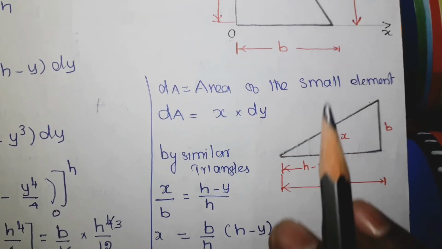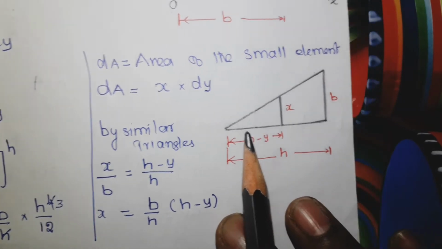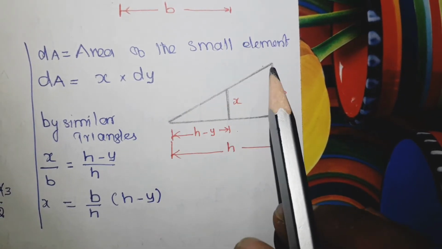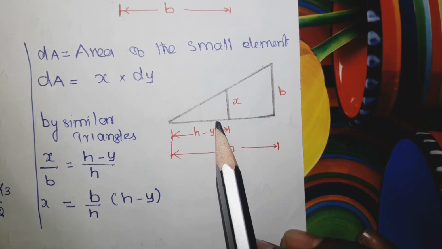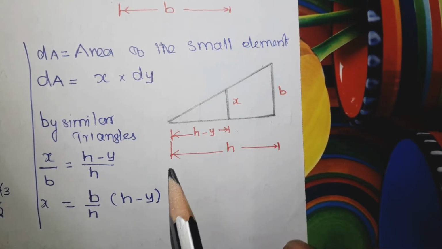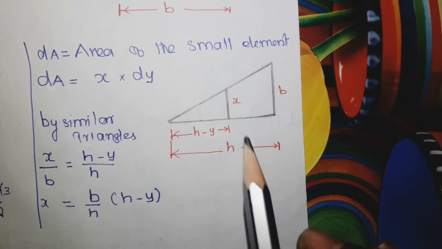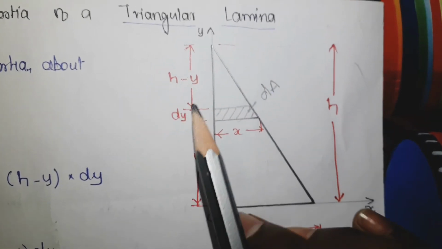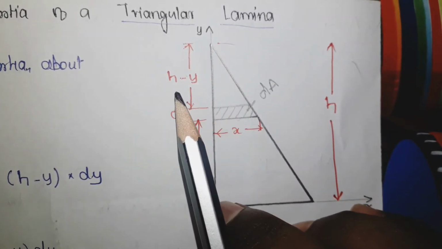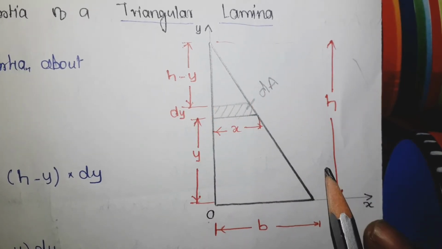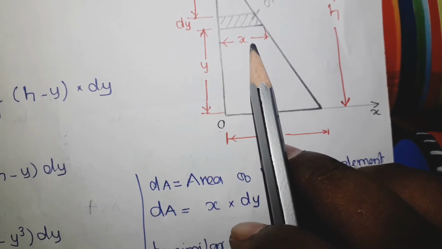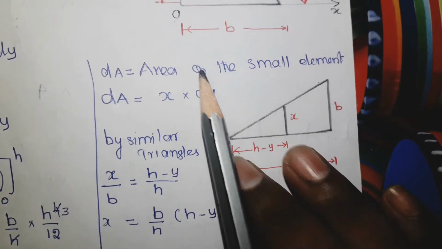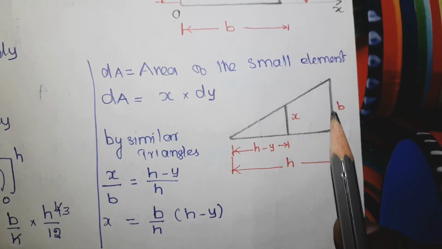Now with this data, the triangle is drawn like this. Here this length is h minus y and here it is y. The total height is h. Next, this is the length x, and here it is b.